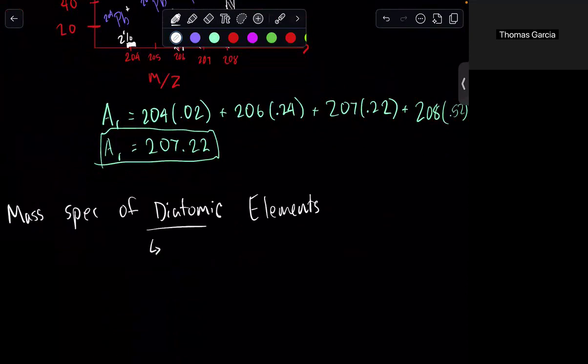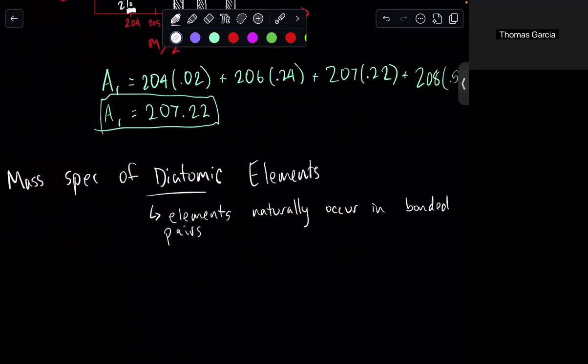What that means is that these elements naturally occur in bonded pairs. So they always occur as a pair of two. And there are 7 diatomic elements you must remember. They are hydrogen, oxygen, fluorine, iodine, nitrogen, bromine, and chlorine.